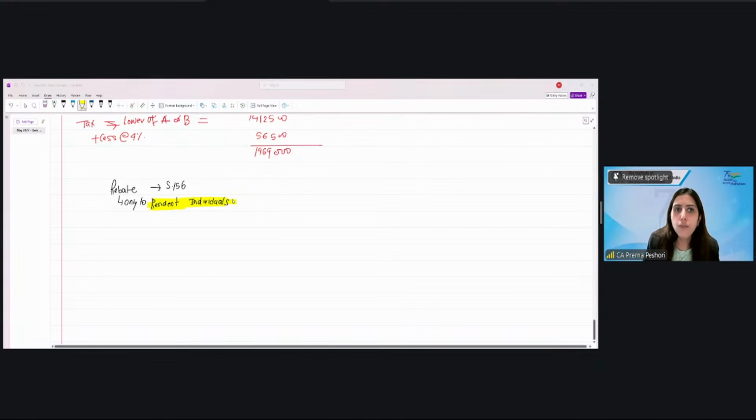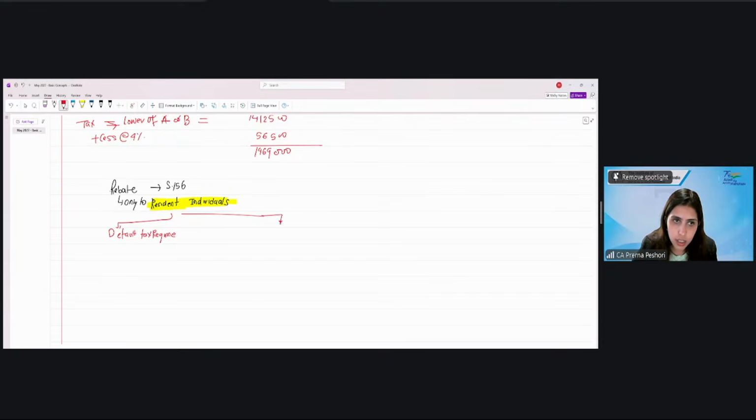Okay. So first of all, for the default tax regime, which is under 202, what is the rebate given? So let us look at section 156 itself.